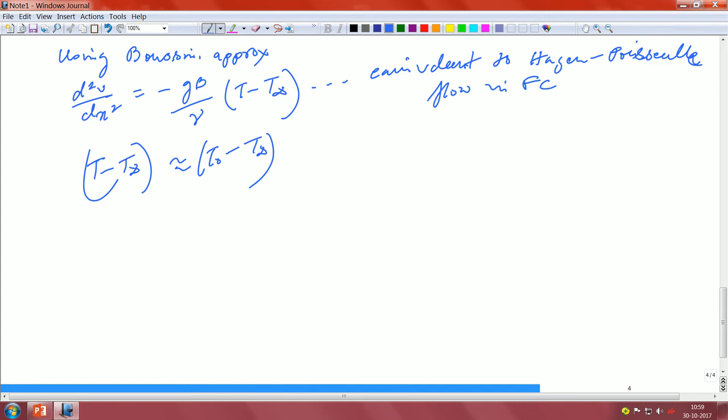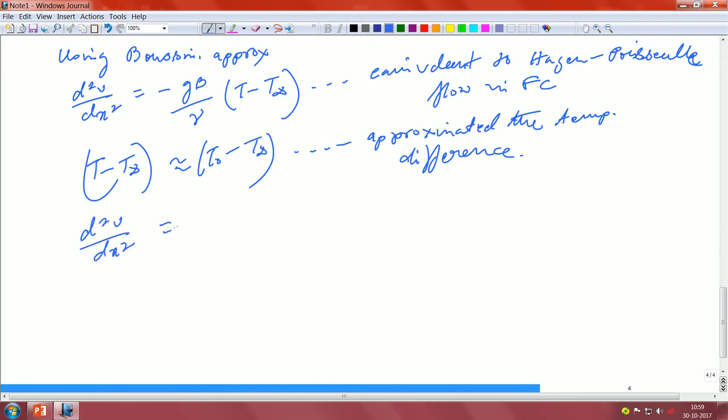We have approximated the temperature difference by this. So, the moment we approximate the temperature difference, then the problem becomes solvable, because your equation now boils down to minus g beta by gamma, T naught minus T infinity.